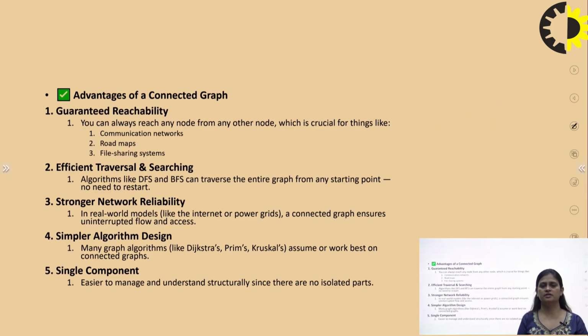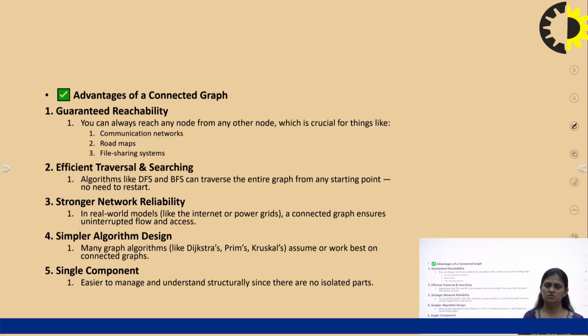Advantages of connected graph. There are five advantages of connected graphs which I have mentioned in this slide. First one is guaranteed reachability. Here you can always reach any node from any other node, which is crucial for things like communication networks, roadmaps, and file sharing systems.